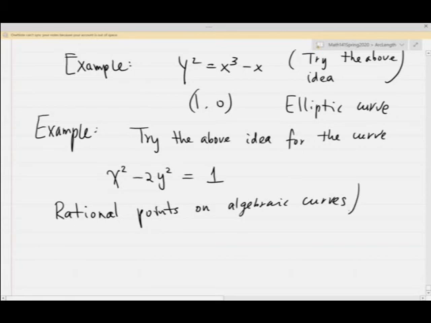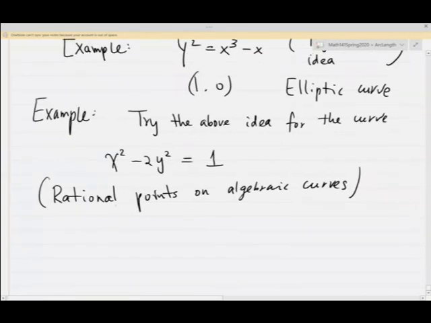This is also called arithmetic geometry. So the curve is a geometric thing. And then rational points, these kind of numbers are arithmetic. So in some sense, another name is also algebraic geometry or arithmetic geometry. They are the same thing, different names.